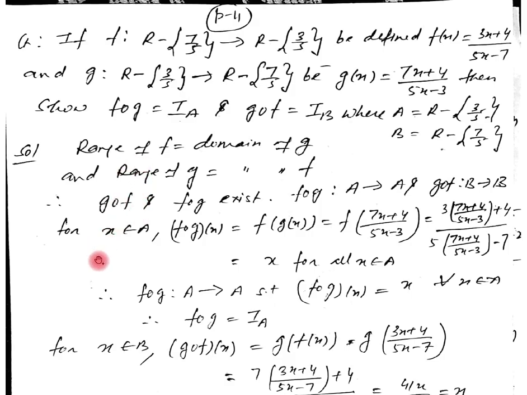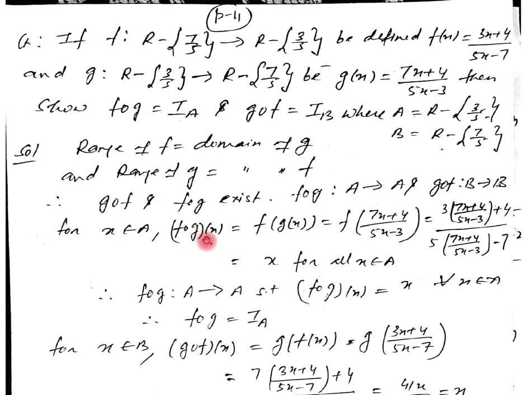First we are finding for x belonging to A, because f composition g is defined from A to A. For x belonging to A, (f composition g)(x) equal to f(g(x)), putting the value of g(x) here. Again, f of (7x + 4) upon (5x - 3). Now our f(x) is (3x + 4) upon (5x - 7). Putting this value, simplifying this expression, we are getting this is equal to x.